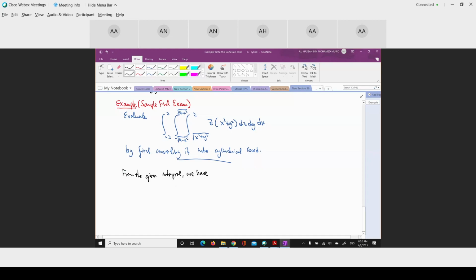We have x between -2 and 2. Y is between the lower limit minus square root of 4 minus x squared, and bounded above by square root of 4 minus x squared, and z is bounded below by the square root of x squared plus y squared, and bounded above by z equal to 2.